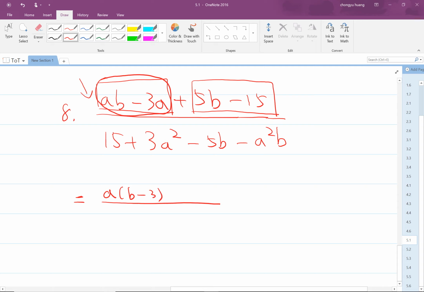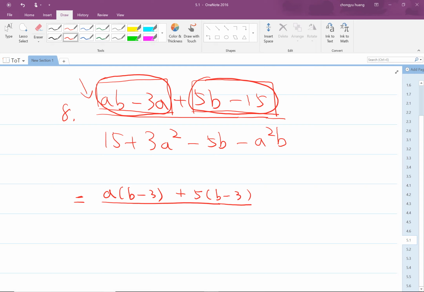The second term on the numerator is 5b minus 15, so we can factor out 5, and then it becomes b minus 3. So you can see now we can factor out b minus 3.